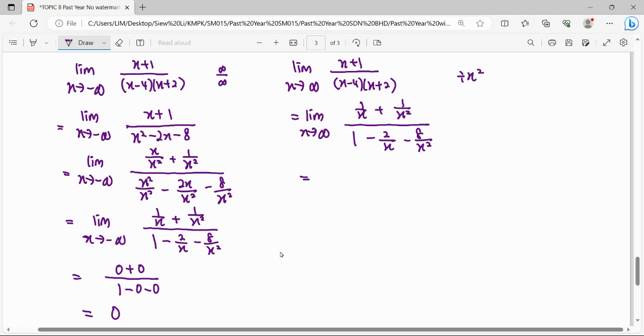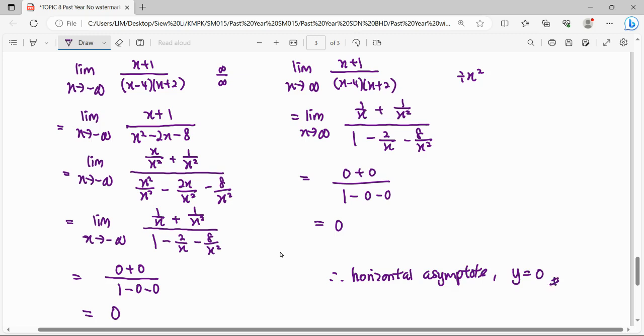So evaluate this: 1 over infinity is 0, 1 over infinity is 0. So 1 minus 0, 0 over 1. So from here, we can conclude that there is only one horizontal asymptote, which is y equals 0.